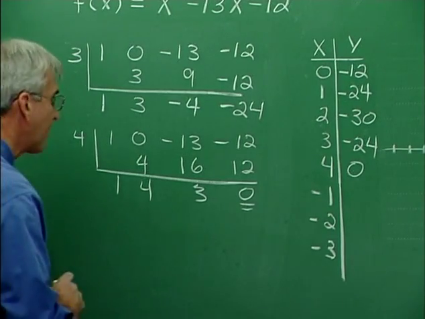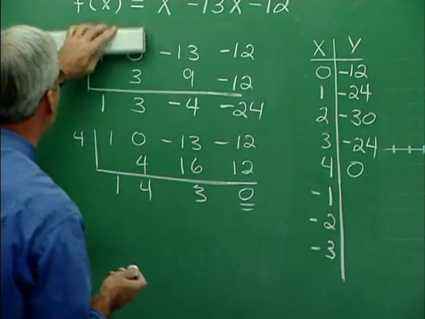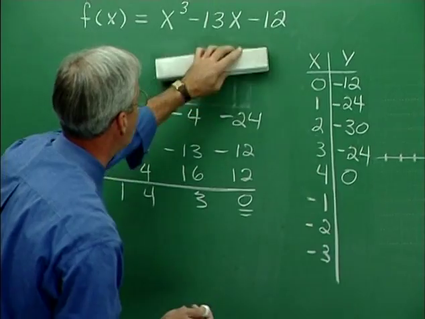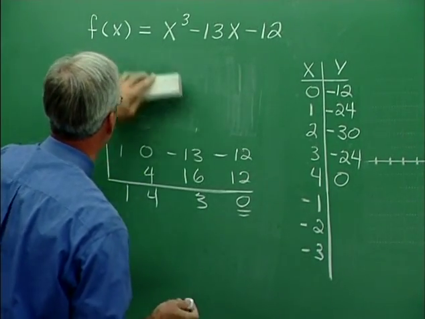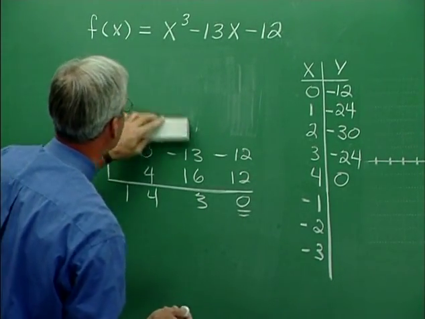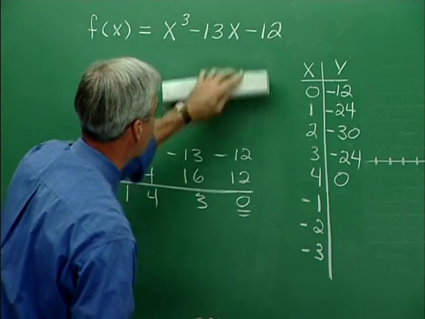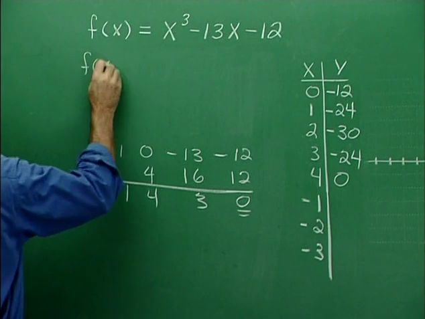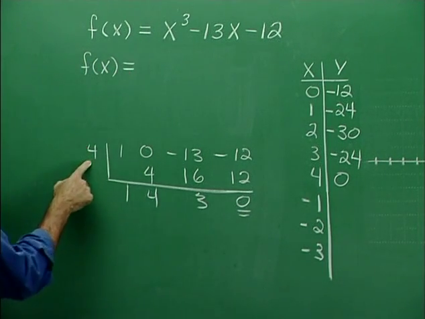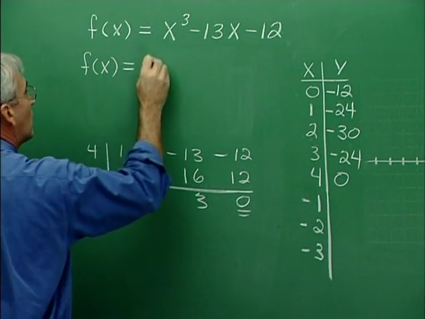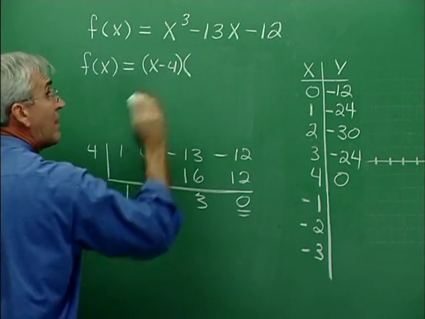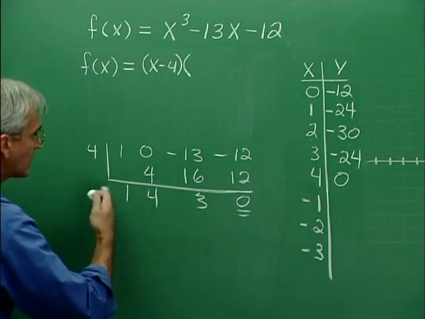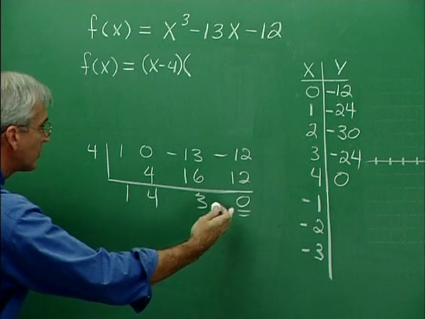And so we can write a factored form here if we want to. Let me just erase this top part here, and I can then write f of x in, at least partially, factored form. I can write f of x as, let's see, 4 is a 0, so x minus 4 is a factor, and the other factor is found as the answer in this synthetic division process.